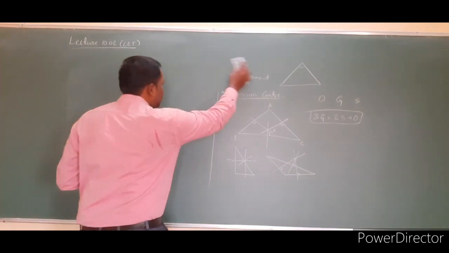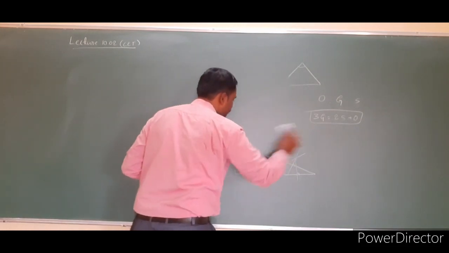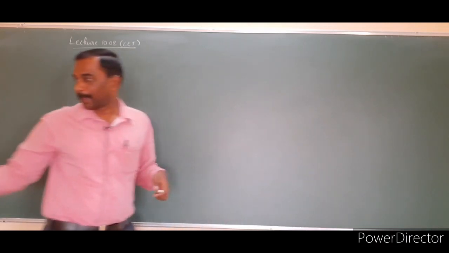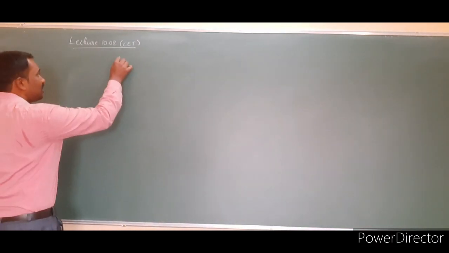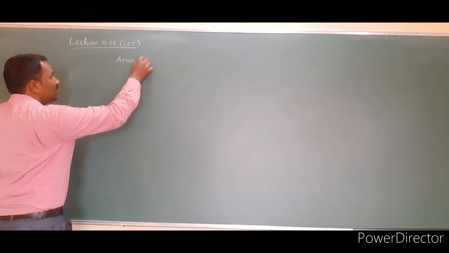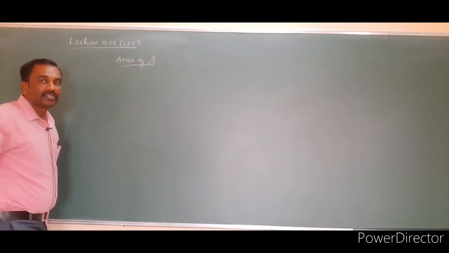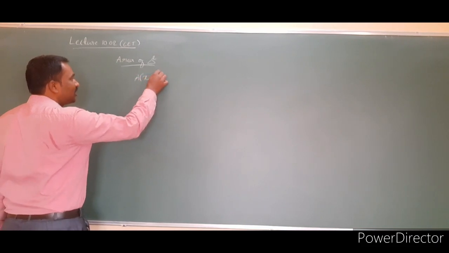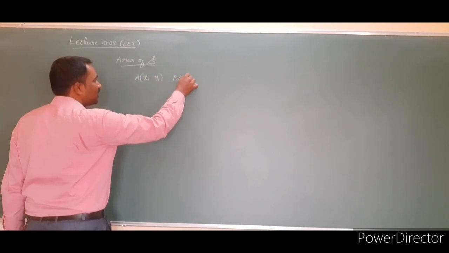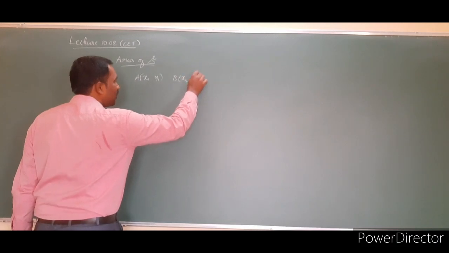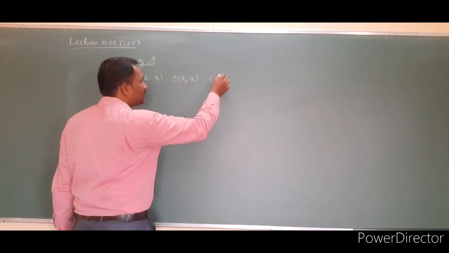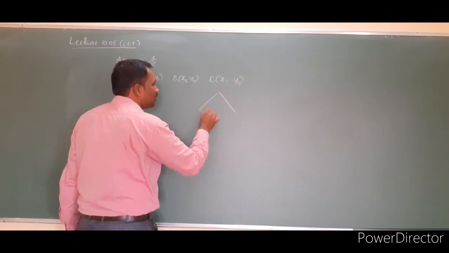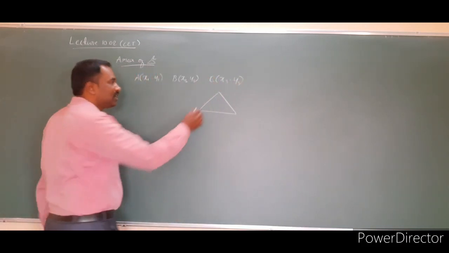Suppose you want to study the area of the triangle, where the coordinates of the triangle ABC are given: A having the coordinates x1, y1, B having x2, y2, and C having x3, y3. We are required to find the area of the triangle ABC.